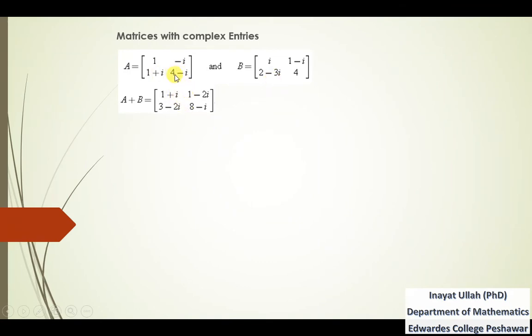Similarly here 4 minus iota plus 4 is 8 minus iota. So that is the sum of two matrices with complex entries.